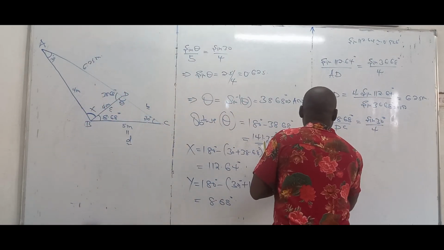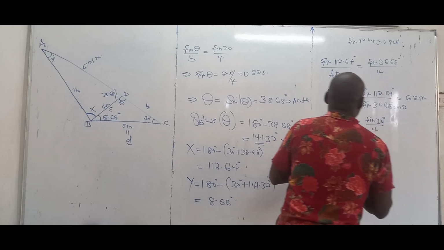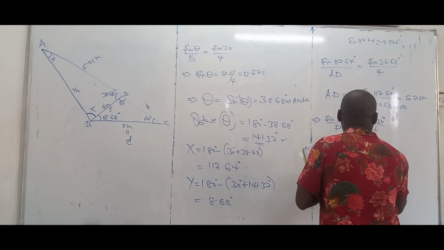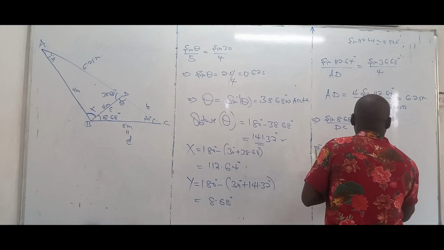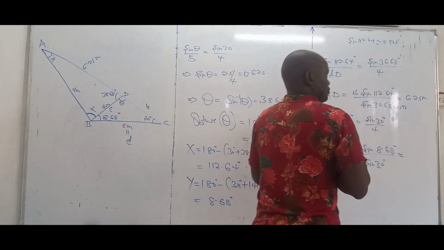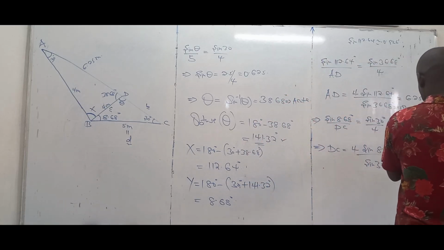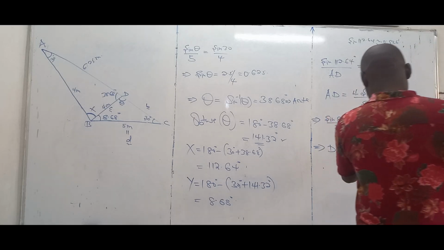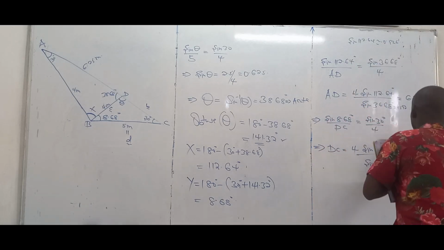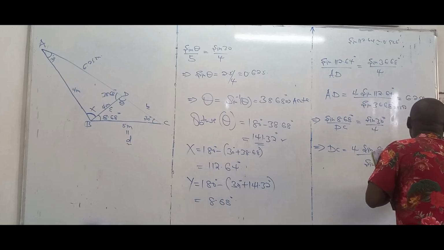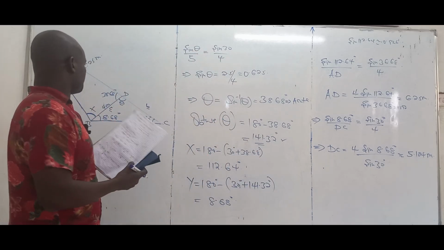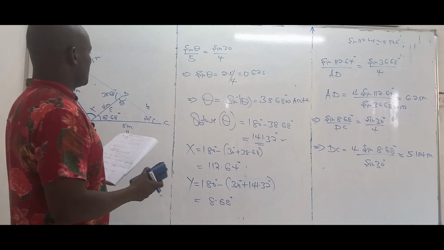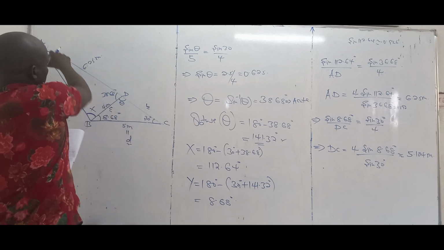And that should imply that DC can then be found by 4 times sin of 8.68 degrees divided by sin of 30 degrees. And that should give you about 5.104 meters as the value of DC. That's what you find as the length of DC. So that's DC, that is AD.